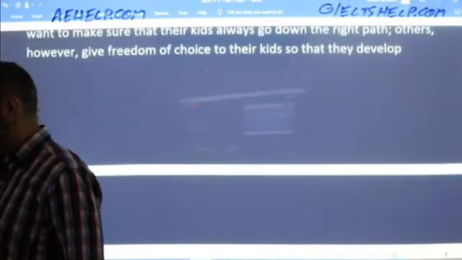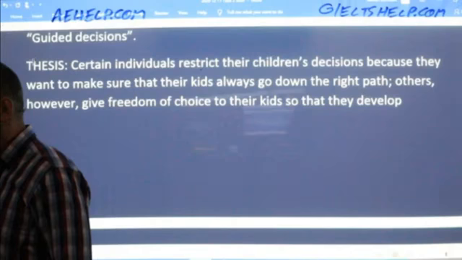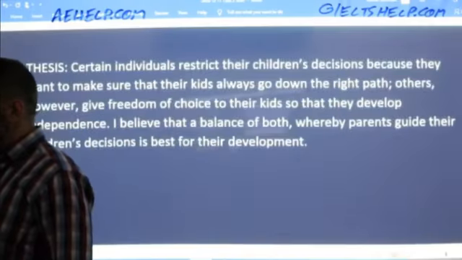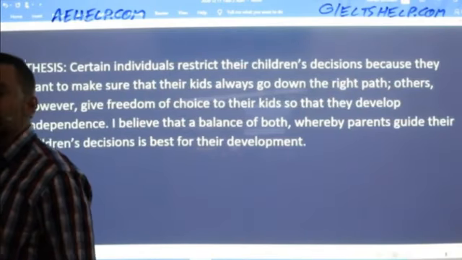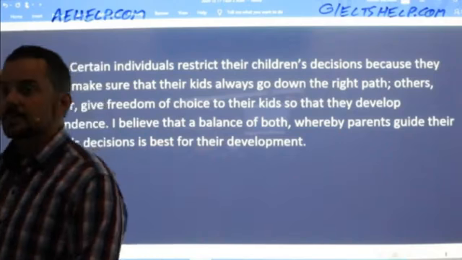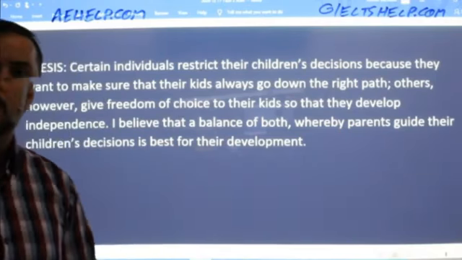Okay, so trickier thesis for sure, but it is there. Okay, that Band 9 thesis is there as long as you're going through the steps of planning and you're practicing this at home. Okay, so here's my thesis, and then I'll take a look at yours.